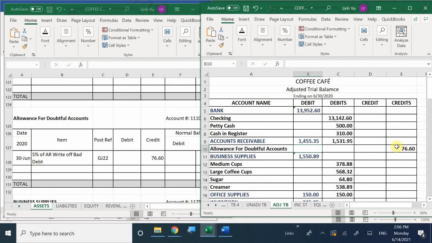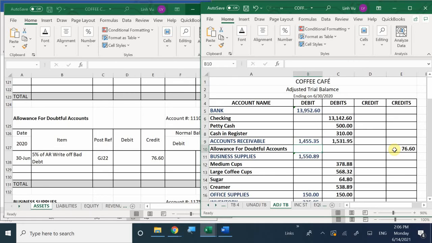But what I did here was I took my main account, which consists of both of these accounts, and I take my accounts receivable and subtract out my contra account to get a total sum of my main account to be 1455.35. Okay, so that's how much that is still good.